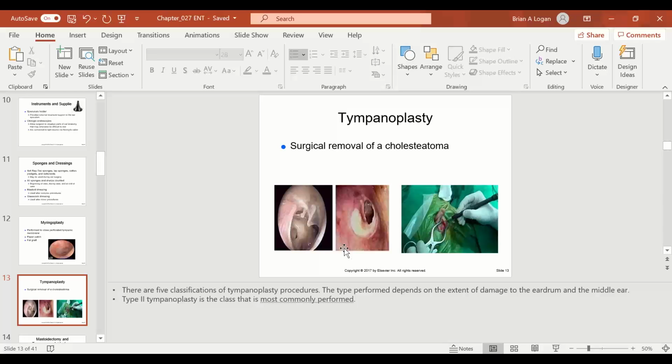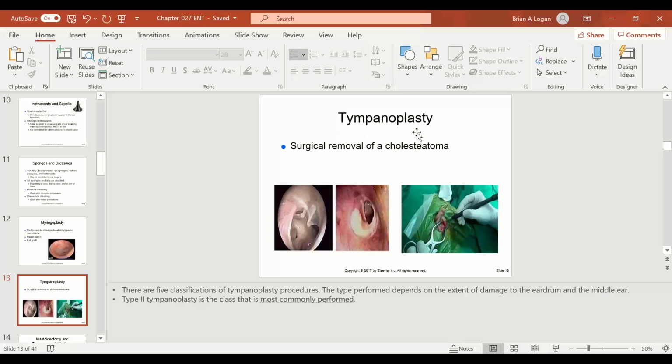So you're going to remove the entire eardrum, and then you're going to take a little piece of cartilage from the mastoid bone, and you're going to flatten it out real flat and thin, and then go in and put that in as the new eardrum.